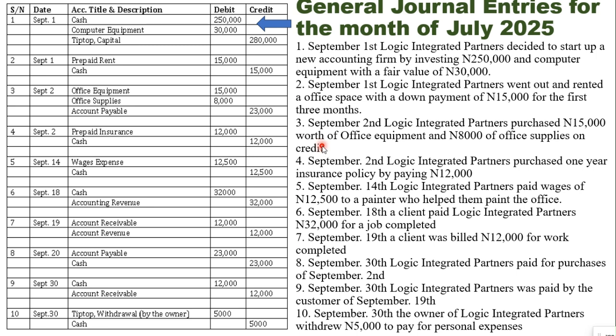But instead, we are going to credit the accounts payable because it's a liability account, since you are going to pay the money later. So we debit the purchases, which is 23,000 naira, and we credit the accounts payable account, which is 23,000 naira.